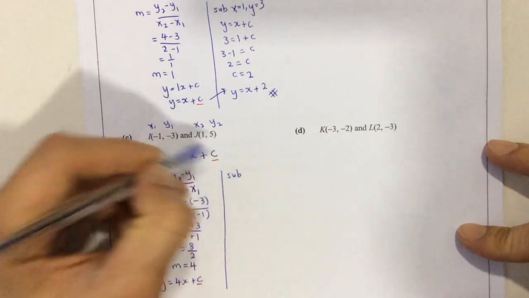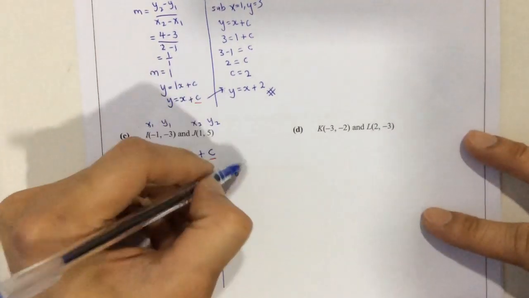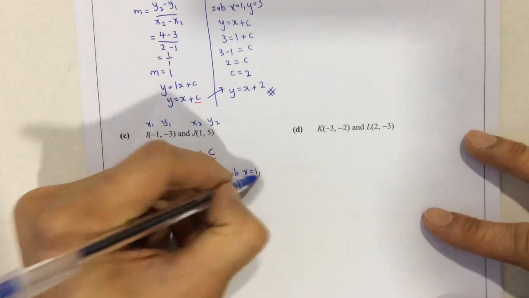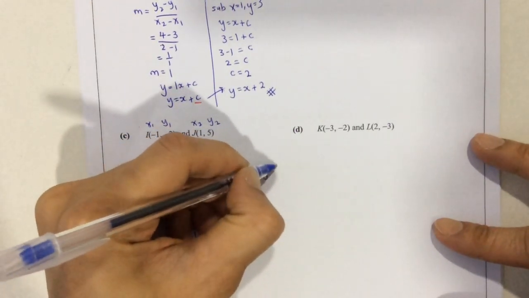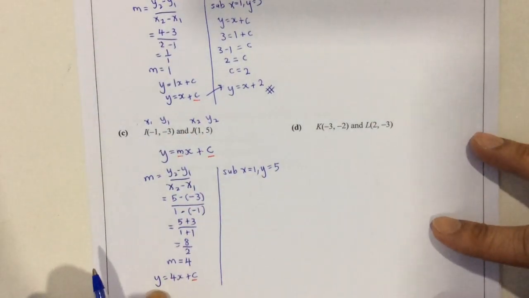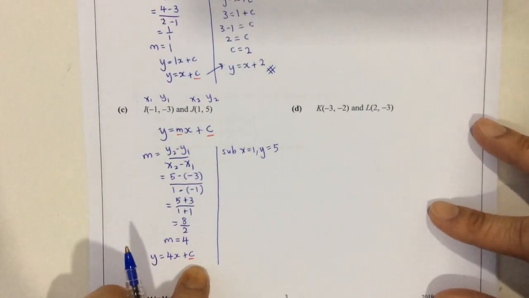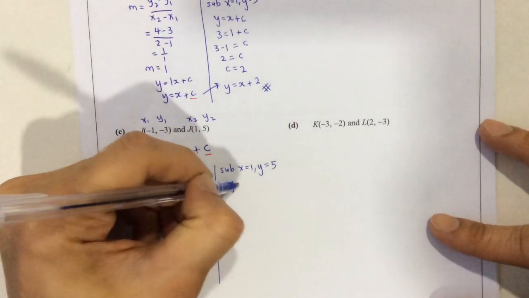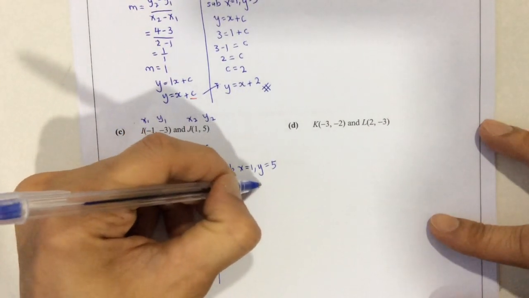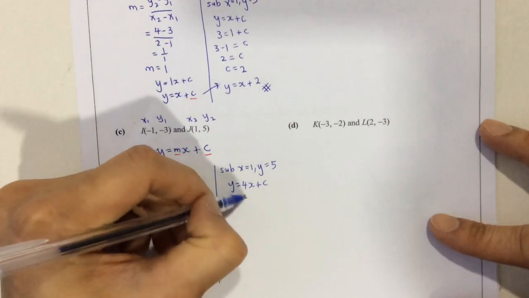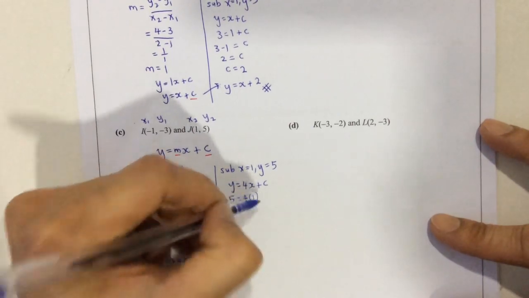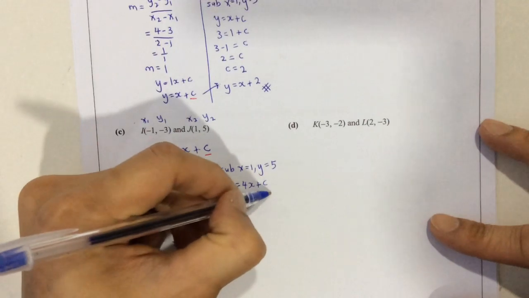So I will substitute x equals to 1 because that's the x coordinate, and y equals to 5 into this y equals to 4x plus c. So y equals to 4x plus c becomes 5 equals to 4 times 1 plus c.